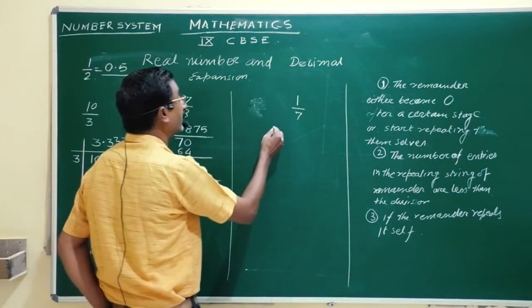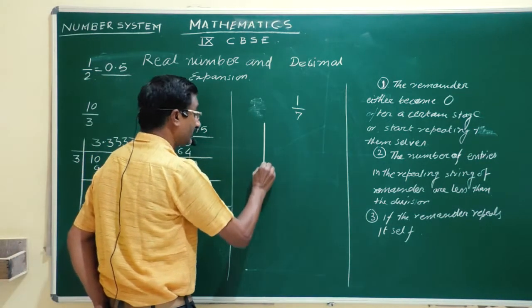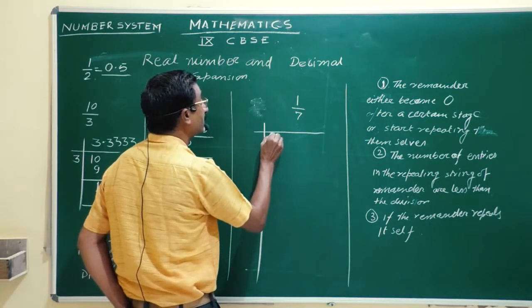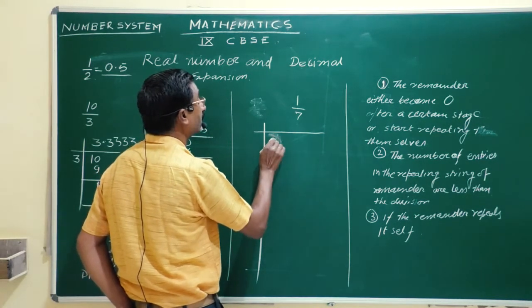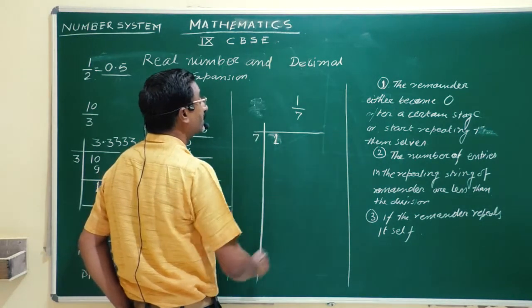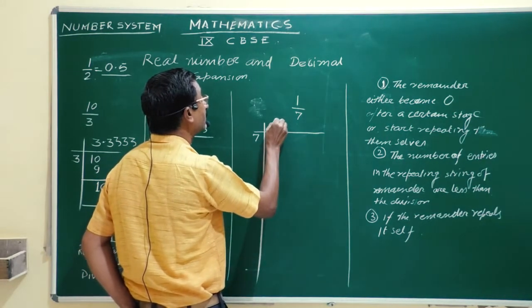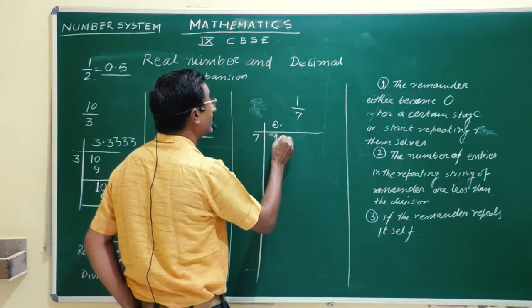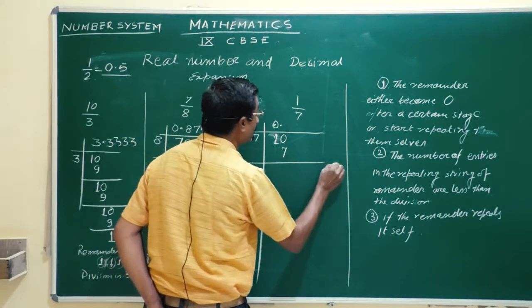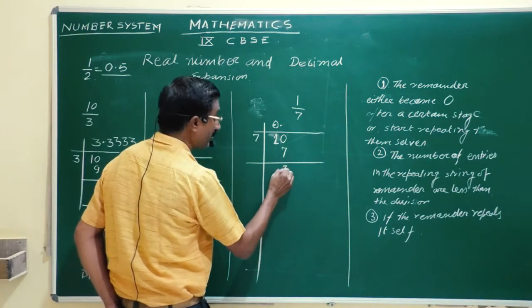Now in the third case 1 by 7. It's a very interesting thing. You will enjoy it. This is 1 and the 7 is divisor. Point 0 point. So 0 is here. Remainder will be 3.